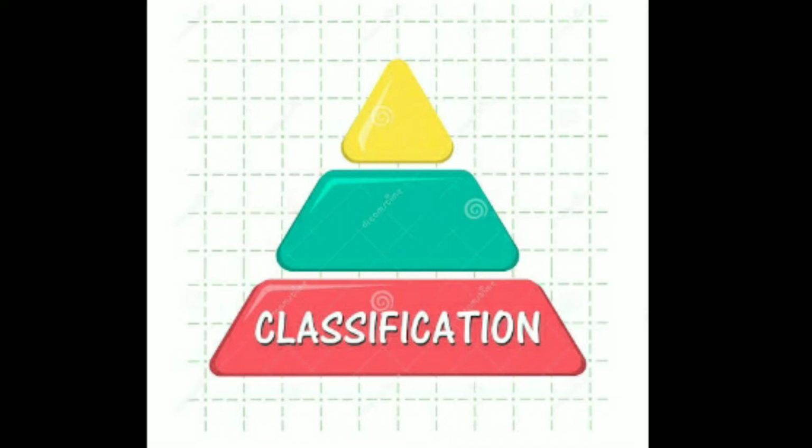Imagine all the books are stacked randomly without keeping in mind their subject. Then to locate a particular book in such a stack would be difficult for you. Thus, grouping of things according to certain common characteristics is called classification.